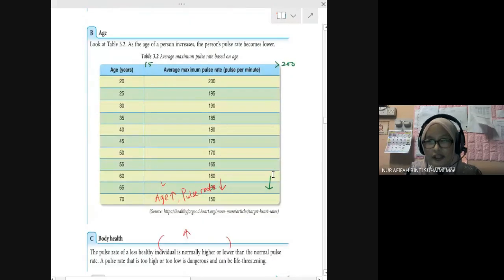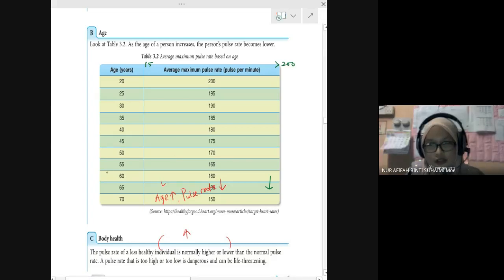For age, children have a higher pulse rate than adults and older people. For older age, 50 to 70 years old, the pulse rate decreases and is lower than adults.